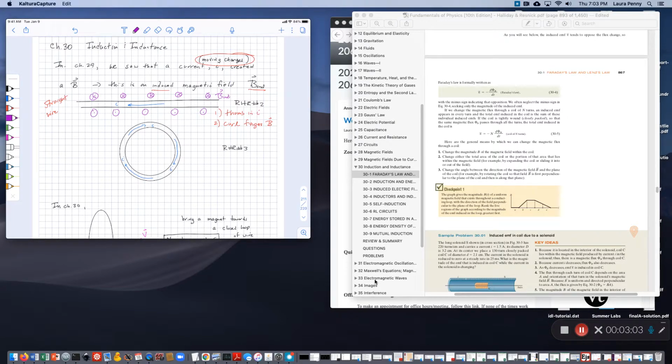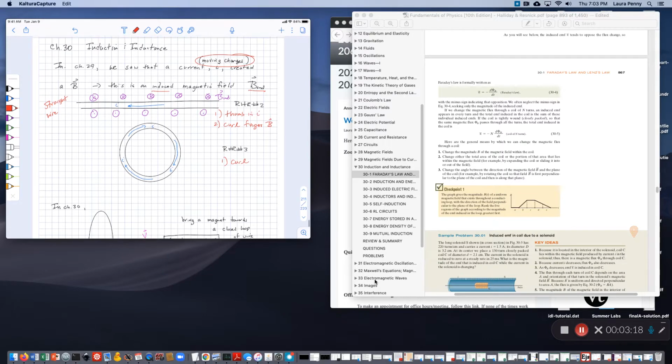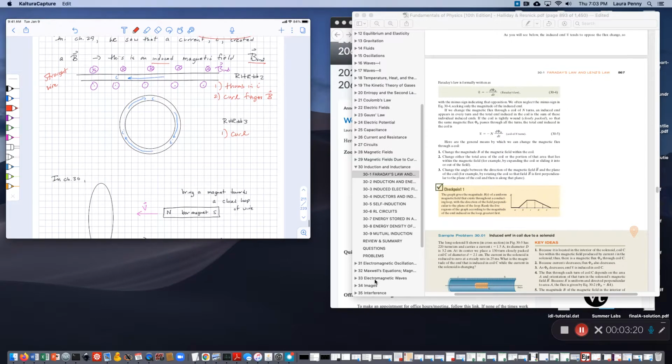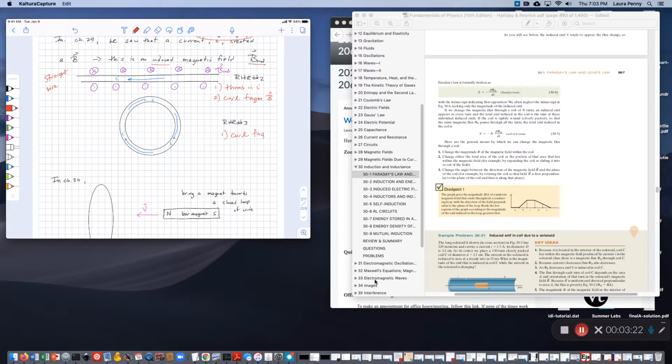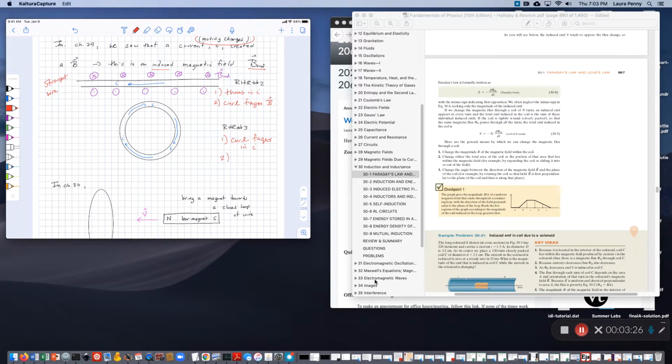If I have a circular wire, a circular current, or a curved current, then I could still use right-hand rule number 2, but there's also right-hand rule number 3. Here, again using your right hand, you're going to curl your fingers in the current direction, and then your thumb is the magnetic field direction.